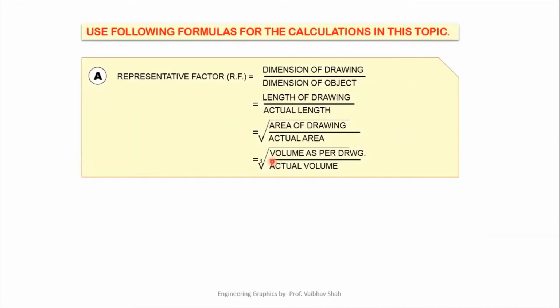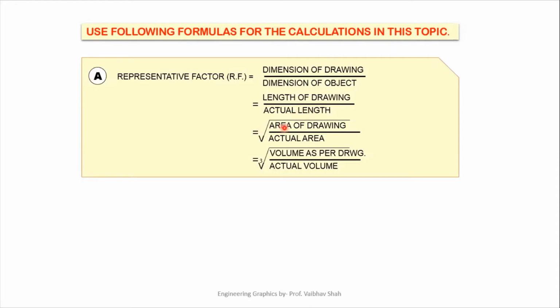Next, we will be using the following formulas for our calculation in this topic. First, the representative factor, RF, is equal to the dimension of the drawing upon the dimension of the actual object. Next, if your dimension is specified in terms of length, it will change a bit: length of a drawing upon actual length.